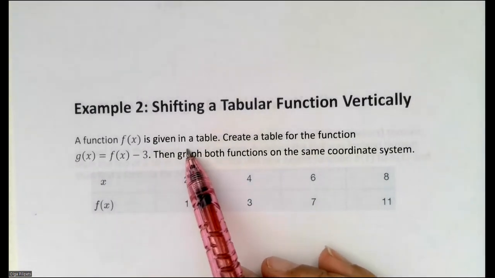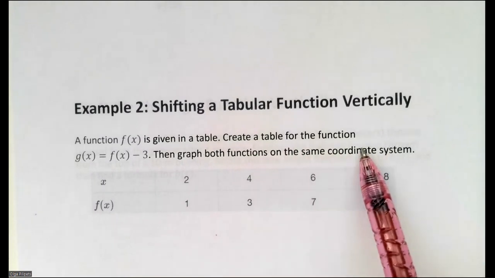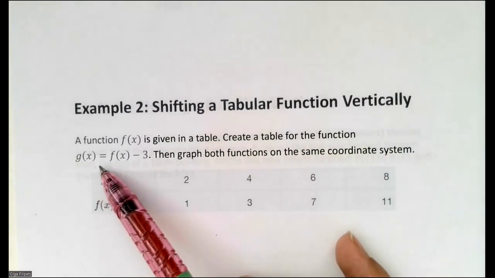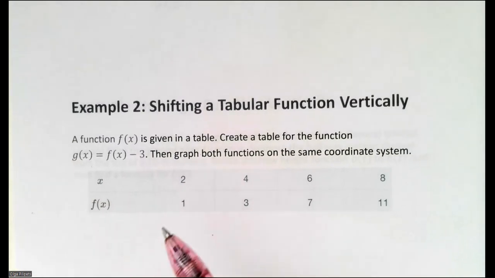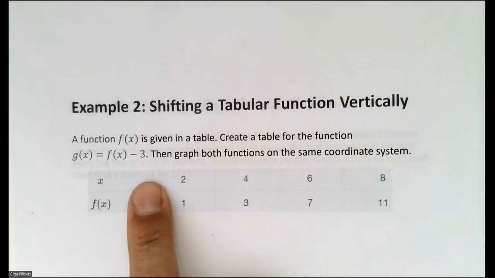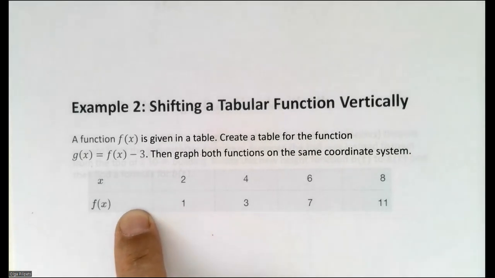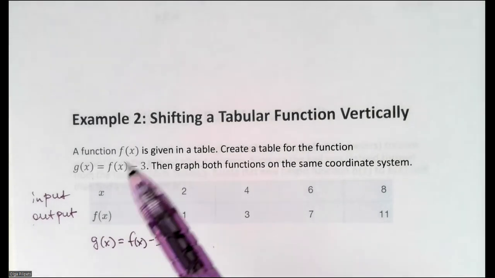A function f of x is given in a table. Create a table for the function g of x, which is f of x minus 3. Then graph both functions on the same coordinate system. Here I have x values and I have f of x. So x is input, f of x is output.